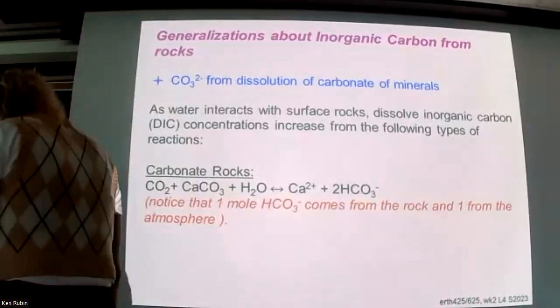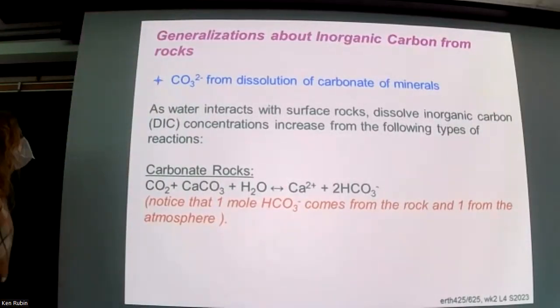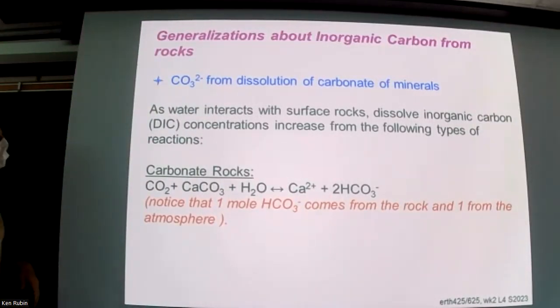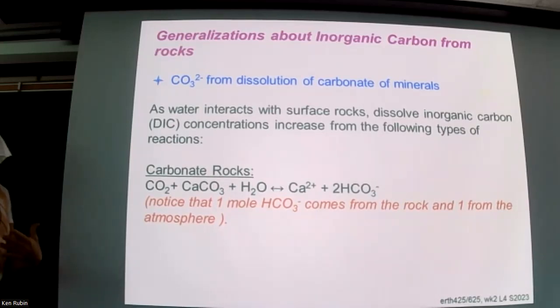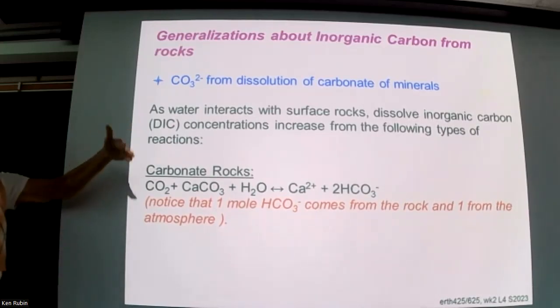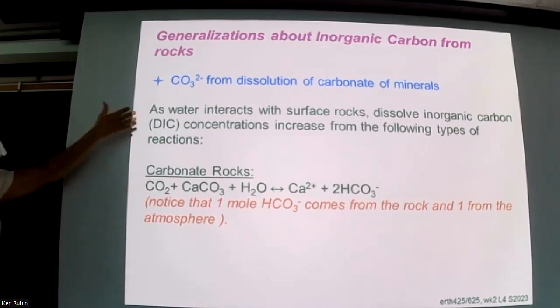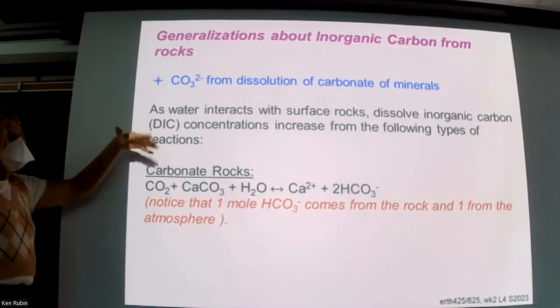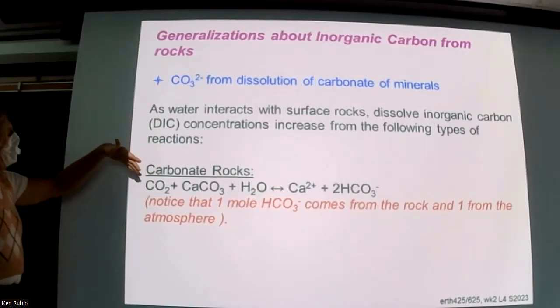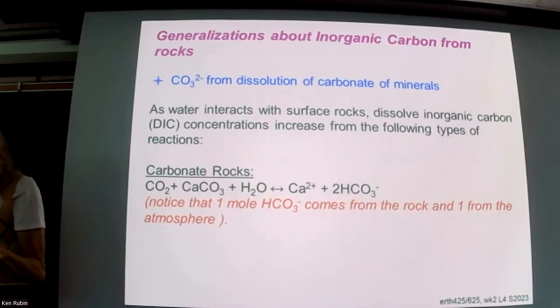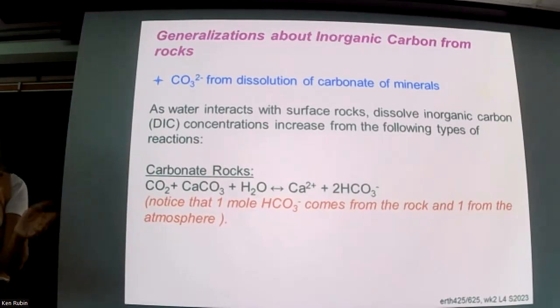Okay, so let's think a little bit now about the carbon that comes from these various sources and what that implies for the water, because this is going to go directly into the water classification schemes that we got. So if we take a carbonate mineral in a rock and we dissolve that carbonate mineral, and say for the sake of argument we want to keep the pH of our water neutral, right?